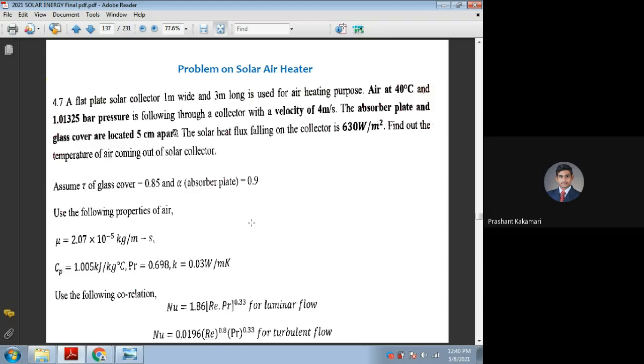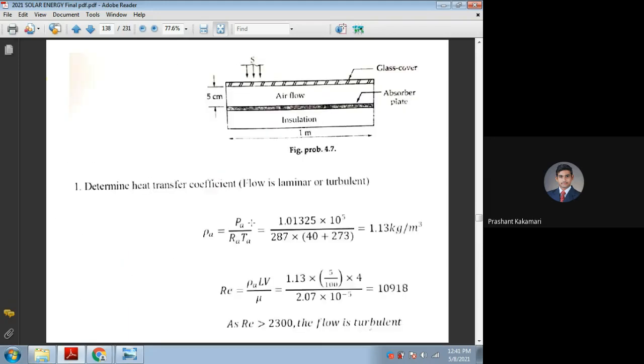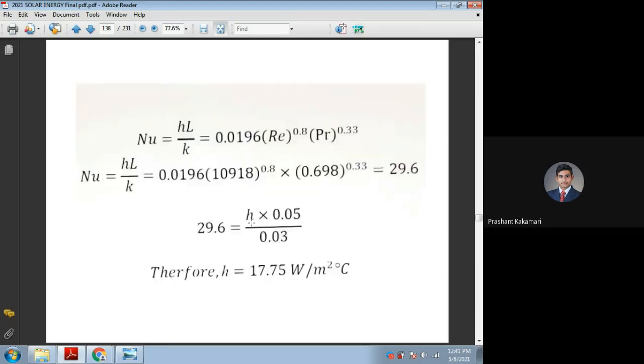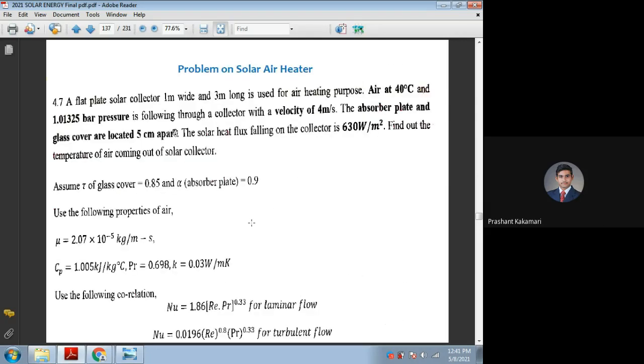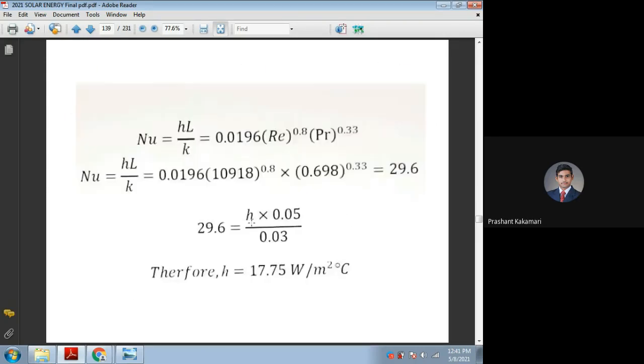For the collector surface area, the top or absorber plate is 1 meter wide and 3 meters long. Glass plate or absorber plate, both are taken the same. Height will not come into the picture here because we don't want the duct, we want only the surface.